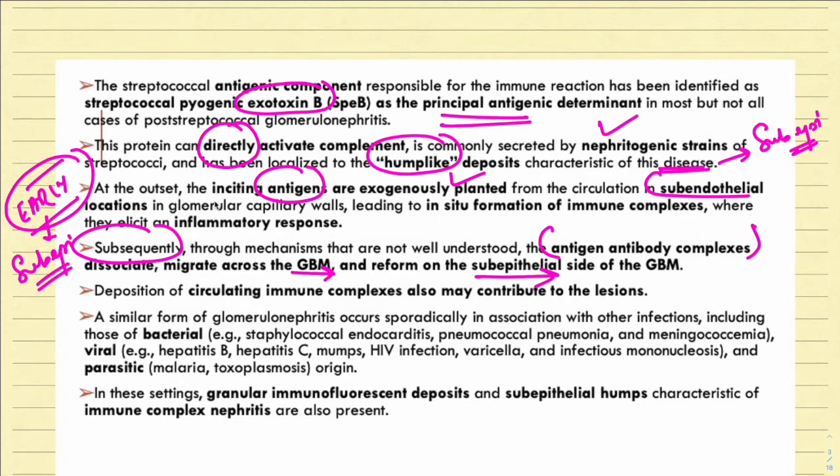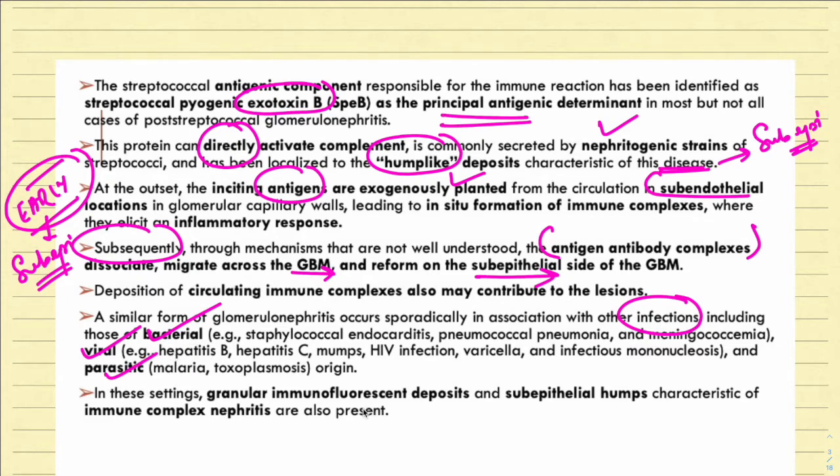Okay, very, very important. Now, a similar form of glomerulonephritis can occur sporadically in association with other infections also. So not only streptococcus, so many others, like among bacteria you can have staphylococcal, pneumococcal, etc. Some viral infections like hepatitis B, C can also induce this kind of glomerulonephritis. Parasitic infections like malaria, toxoplasmosis might also induce this.